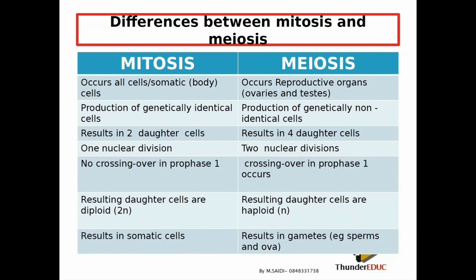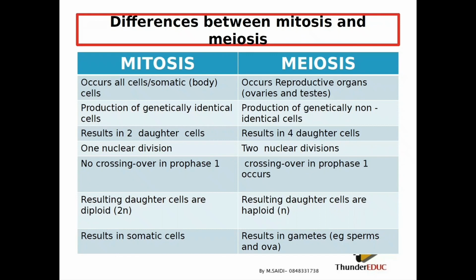Mitosis: production of genetically identical cells. Meiosis: production of genetically non-identical cells. Mitosis results in 2 daughter cells. Meiosis results in 4 daughter cells. Mitosis has 1 nuclear division, meiosis 2 nuclear divisions. Mitosis has no crossing over in prophase 1, meiosis has crossing over in prophase 1. In mitosis the resulting daughter cells are diploid, in meiosis the daughter cells are haploid.